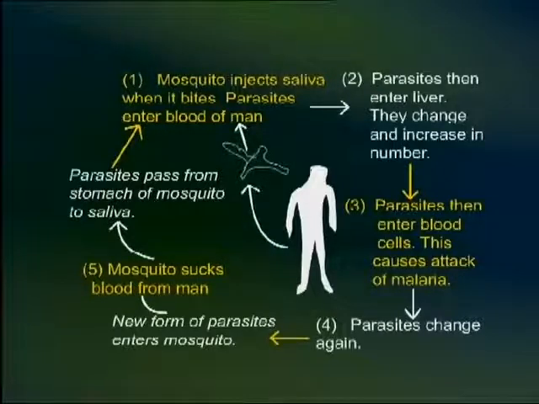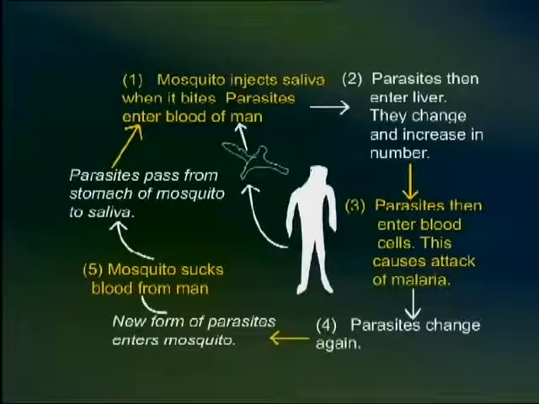That is followed by the next stage, which is parasites then enter the liver of the man who has been bitten by the mosquito. They change, that is, the parasites change, and they increase in number.